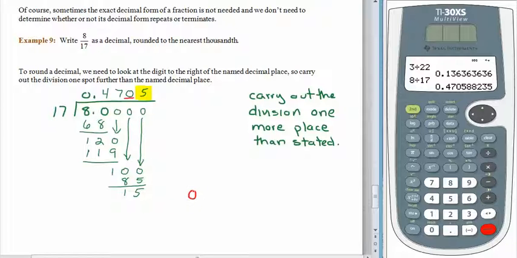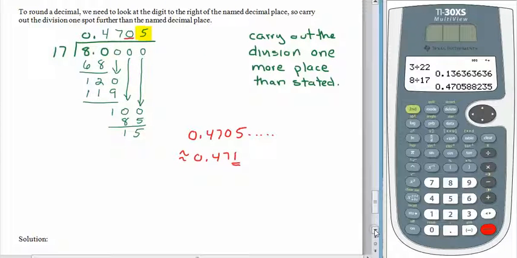So if we had 0.4705 stuff, that would be about 0.471, and there's the thousandths place, and so we stop. So the answer here is that 8/17 is approximately 0.471, 471 thousandths. And that's it.